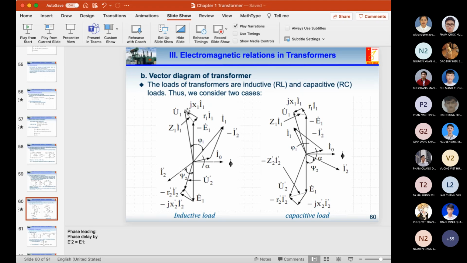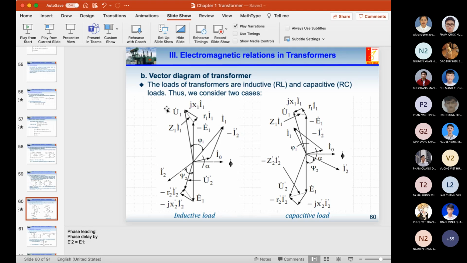Finally, if you want the product Z1 I1, you can see it like this, as I1 Z1. If we take the vectors like this, we get the voltage balance equation of the primary winding: E1 is equal to minus E1 plus R1 I1 plus j X1 I1.